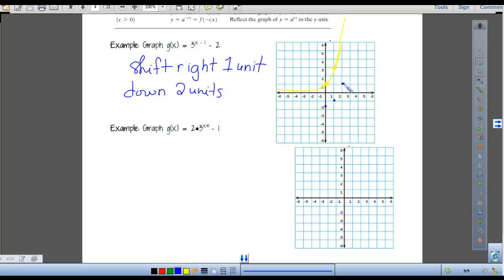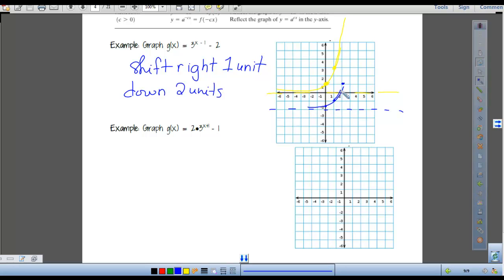And I can even do that with my asymptote. We had an asymptote for our basic graph right here. I'm going to shift that just down 2 units. So my new asymptote is y equals negative 2. That's enough for us to get a good sketch of our graph.